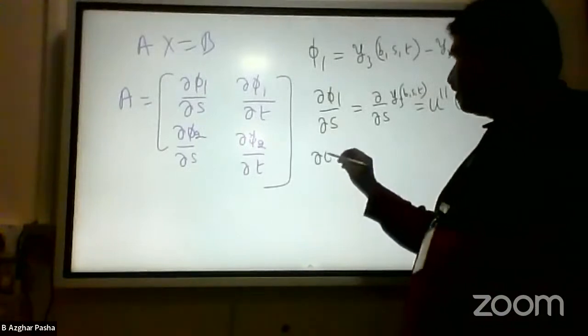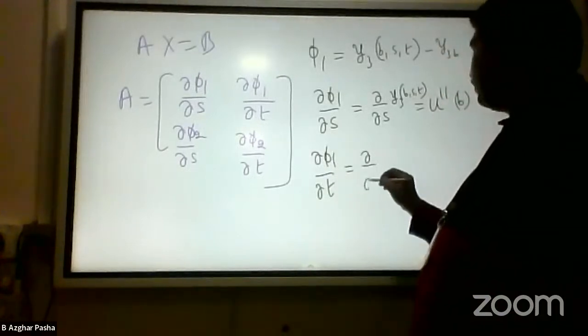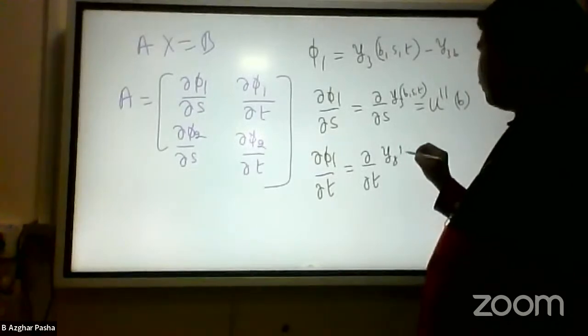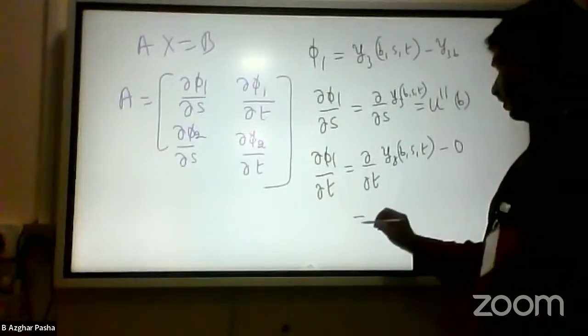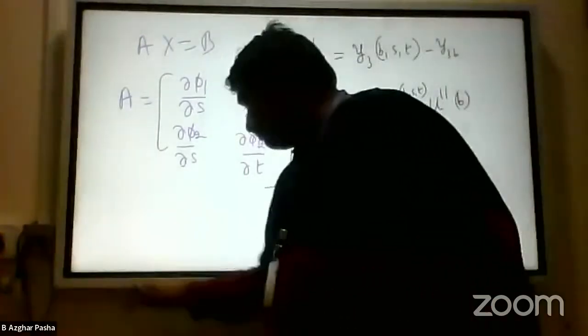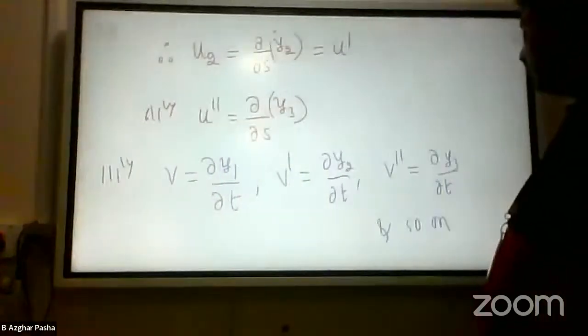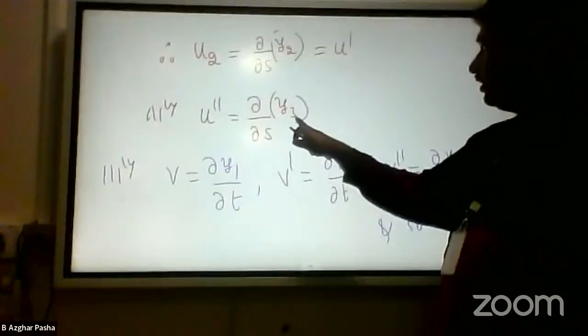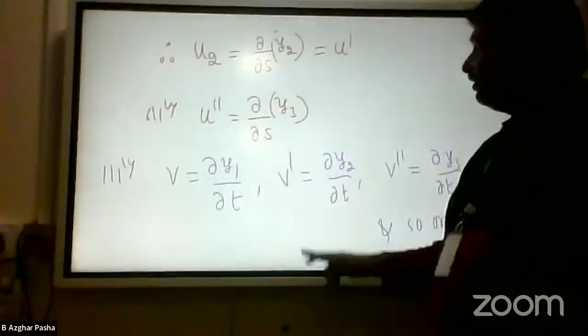∂phi1/∂t is ∂/∂t of y3 of (b, s, t) minus 0 here. ∂/∂t related to t, it is v. Simple rule I have derived here: related to s, it is u; related to t, it is v.